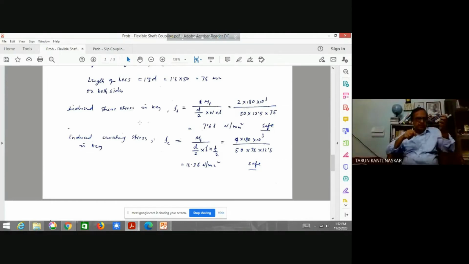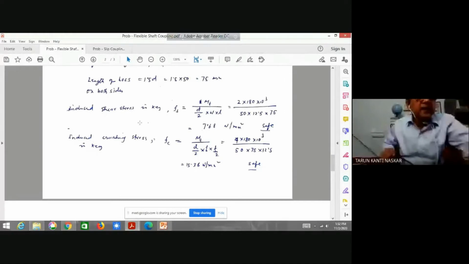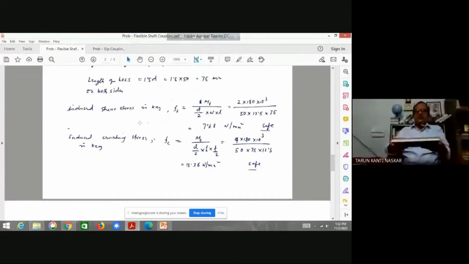Suppose this is a square cross section of the key. One half stays with the hub and another half stays with the shaft. Then when shear will occur, let us take a thicker one, say this is the key, a square type of key. Then when shear will occur, this area will be sheared, so there will be shearing.